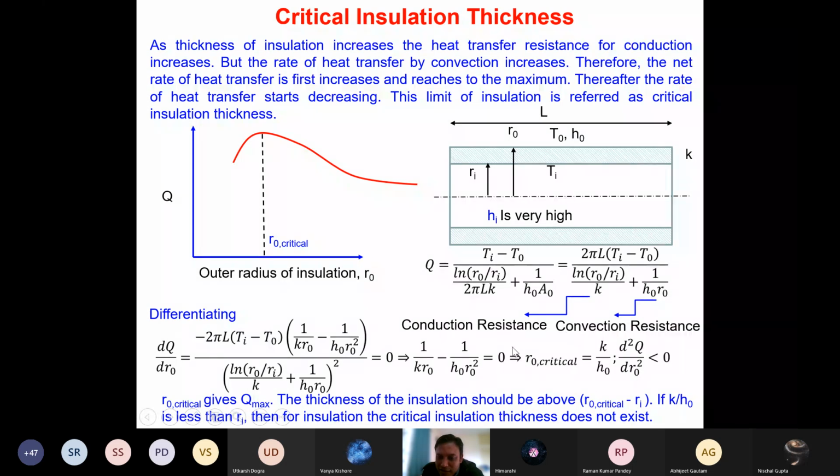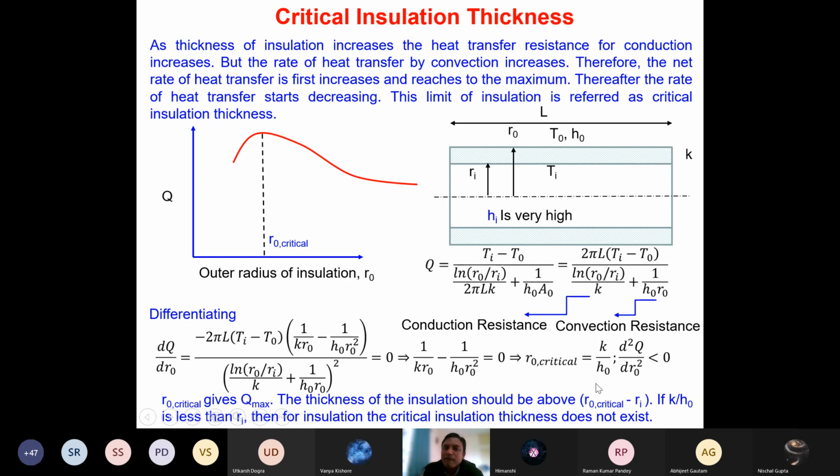Remember, this R0 critical is the value you have calculated, and I am saying that I should maintain R0 beyond this R0 critical. But I can calculate R0 critical directly from k and h0, and that may come out to be less than Ri, depending on the values of k and h.